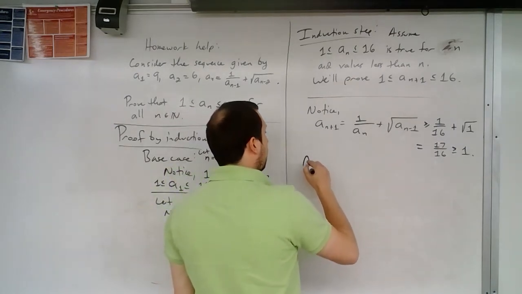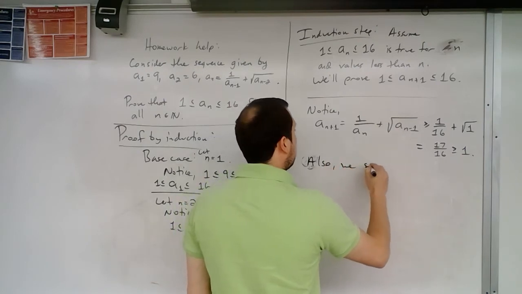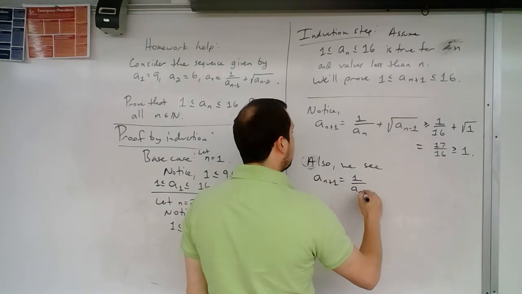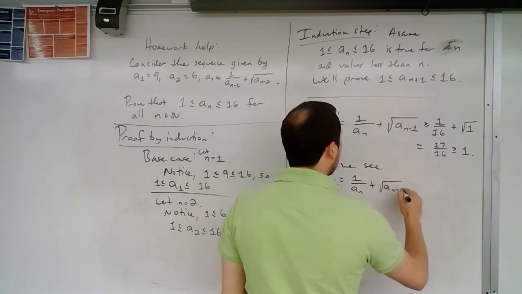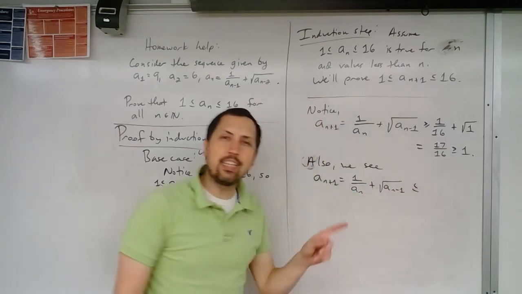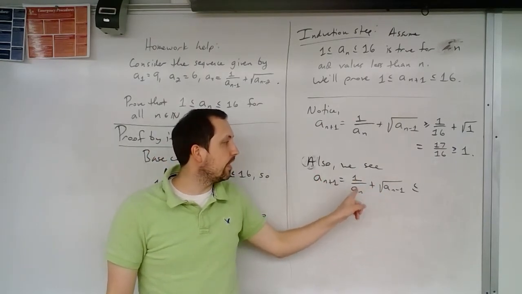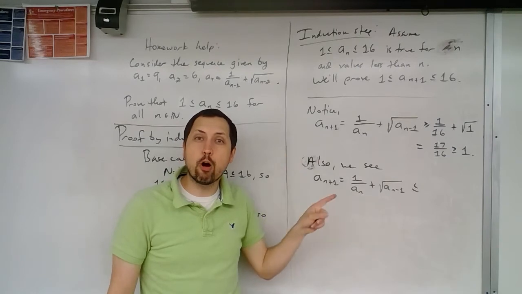Also, we see that a sub n plus 1, which is equal to 1 over a sub n plus the square root of a sub n minus 1. What's the biggest these can be now? So this is going to be biggest when the denominator is the smallest.